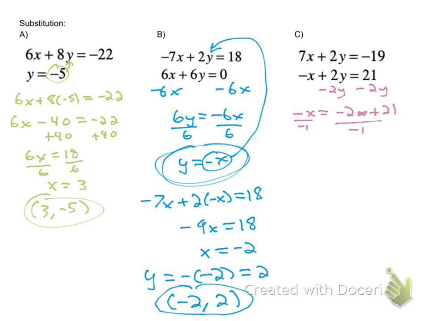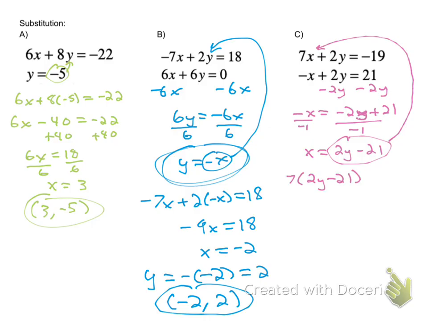Divide by -1, that gives me x equals 2y minus 21. Plug that in for x there. And I will have 7 times 2y minus 21 plus 2y equals -19.